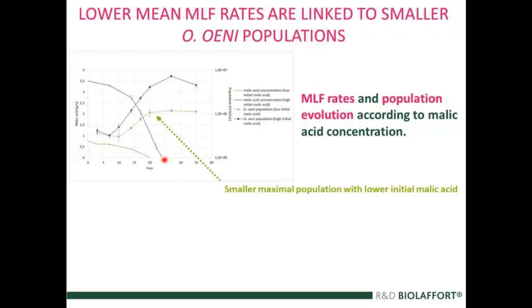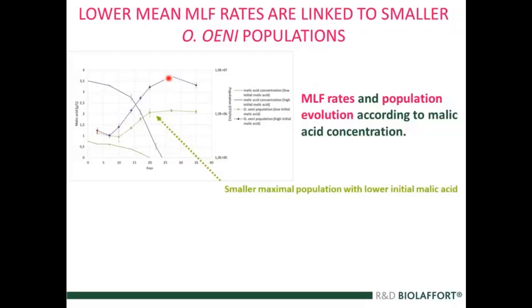But what you also see is that for this higher initial malic acid concentration, you have a very high population developing from the same initial population of close to 5.5 10 to the 5th cells per mL.